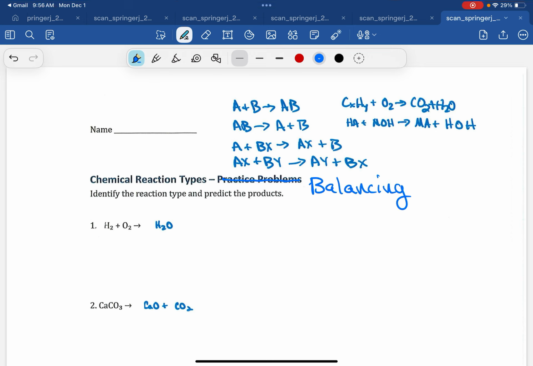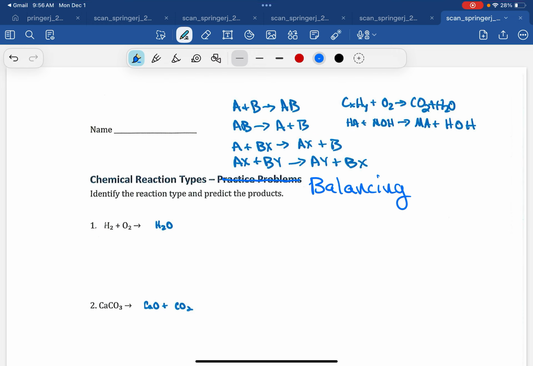And the thing about balancing is, first of all, you have to have correct formulas everywhere. And you can't change formulas once they're there. You can't just add a subscript or take away a subscript or change a subscript.